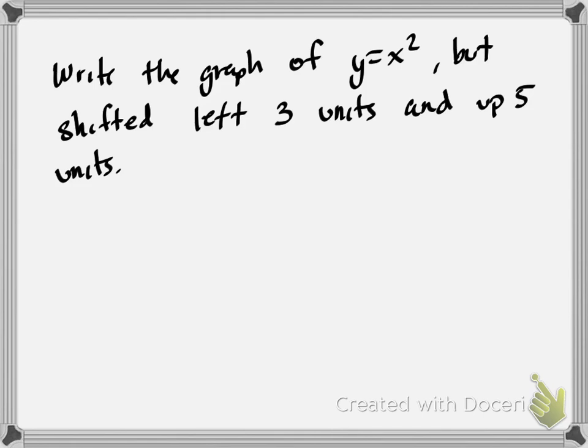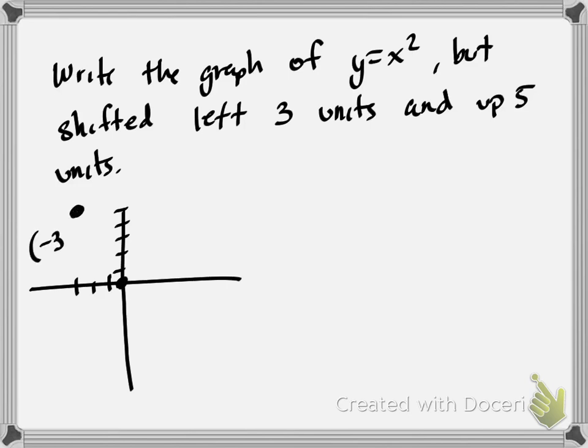Okay, so let's think about that. Let's think about this logically. My vertex is going to go from here, left 3, 1, 2, 3, and up 5. And so my vertex is going to be right there. That's the ordered pair, negative 3, positive 5.